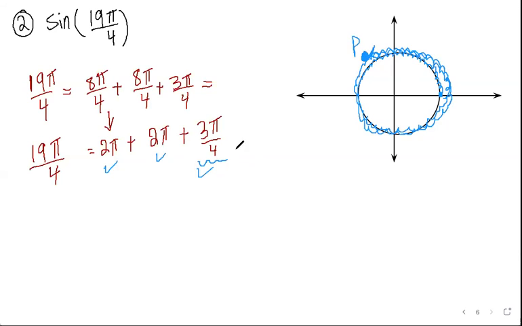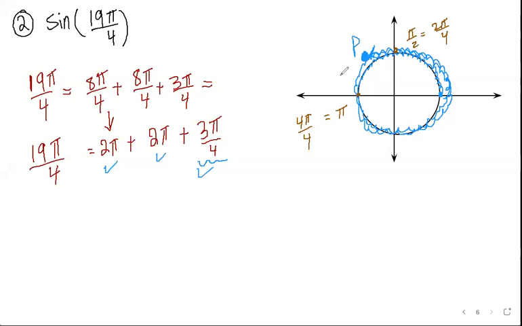Why is 3 pi over 4 in the second quadrant? Because of the same step, like I said before. This point is pi, and this is equal to 4 pi over 4. This point is pi over 2, and this is equal to 2 pi over 4.